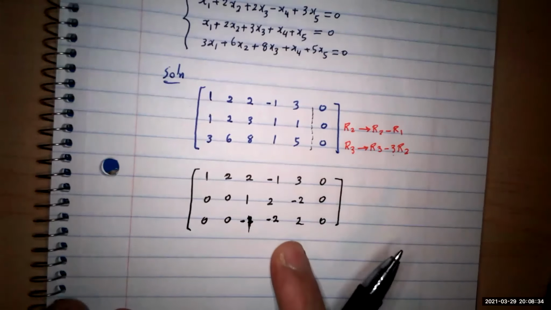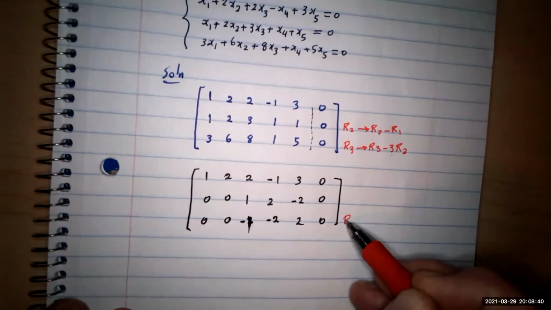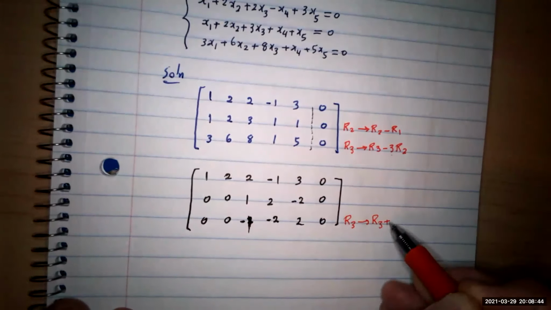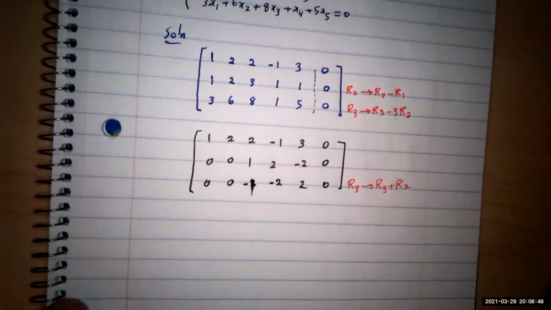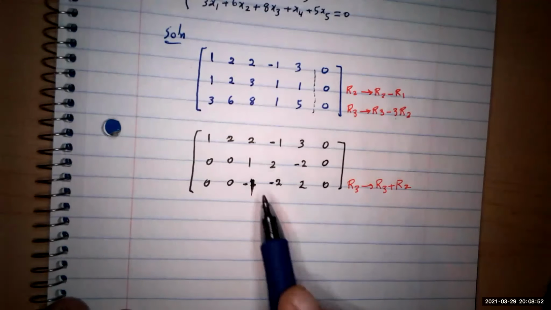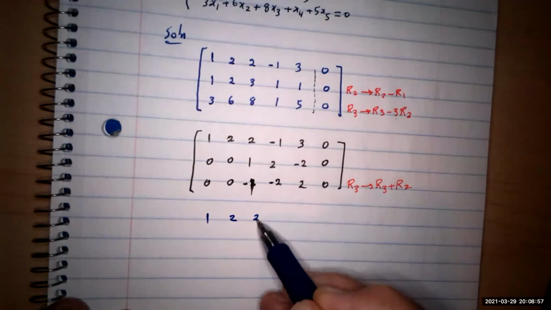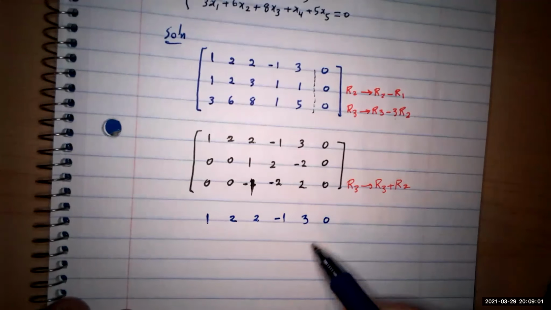As you can see, if I just add these two together, I get lots of zeros for the last row. So I'm going to add R3 to R2. These types of problems are just a few steps that take you to the finish line. So that's going to be 1, 2, 2, -1, 3, and 0.